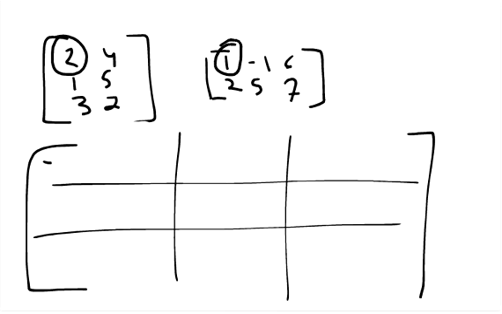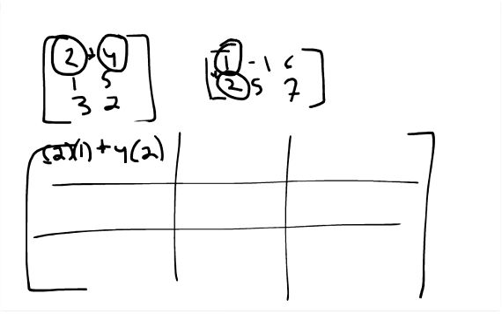So this will be 2 times 1, and then we put a plus sign, and then we simply move across the row. So we're going to the right, and then we move down the column. It's going down. So now we're multiplying 4 with 2.